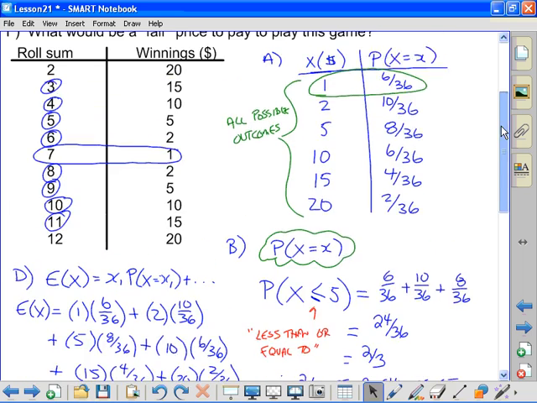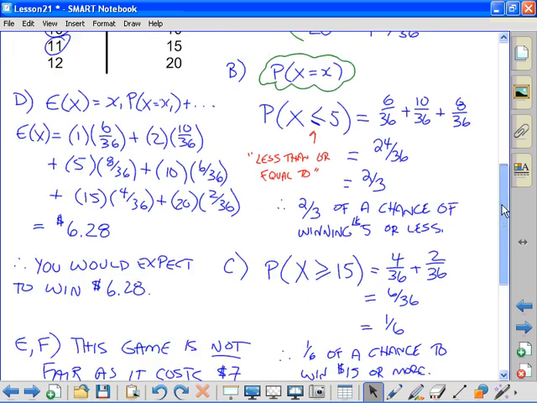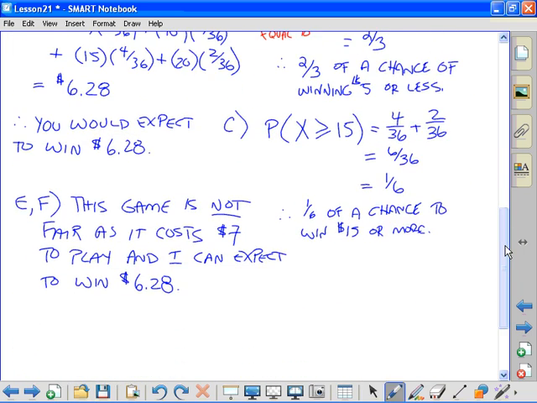So then F is what would be a fair price to play this game. To make this game truly fair, I would pay what I would expect to get out of it. So to make the game "fair," I should pay $6.28.